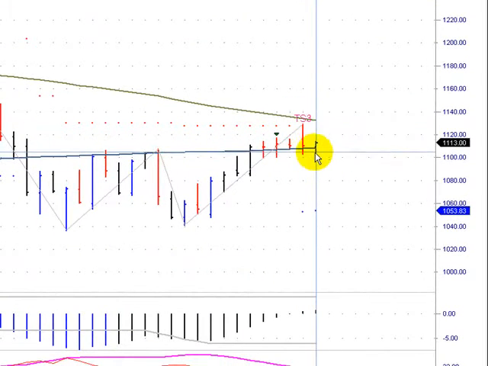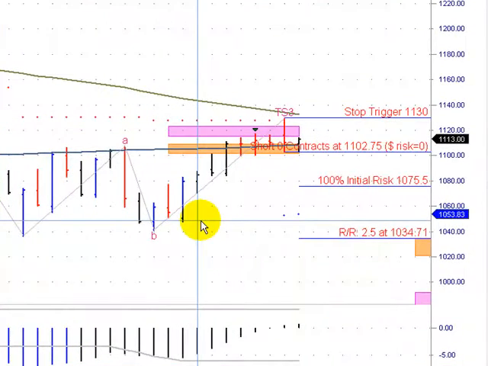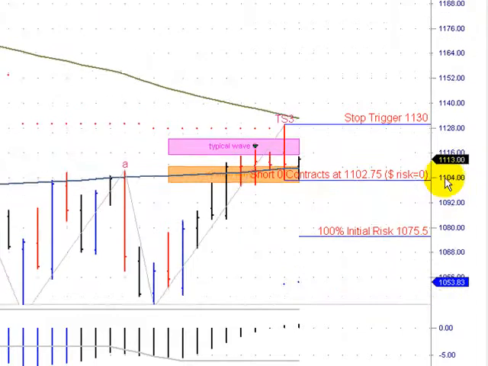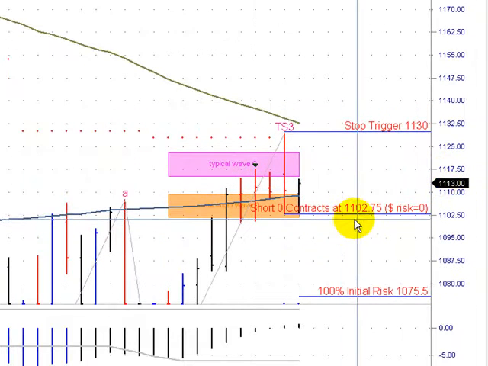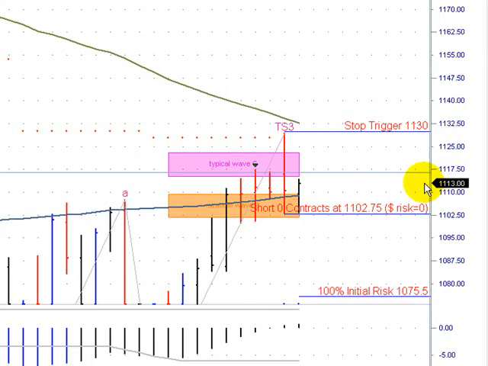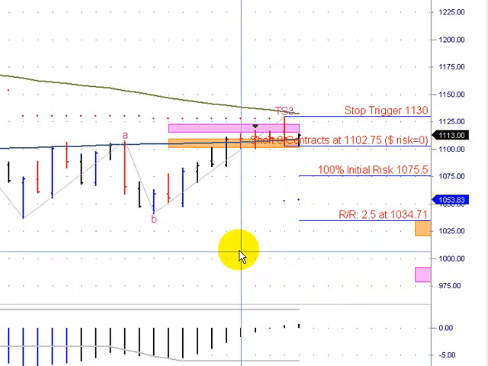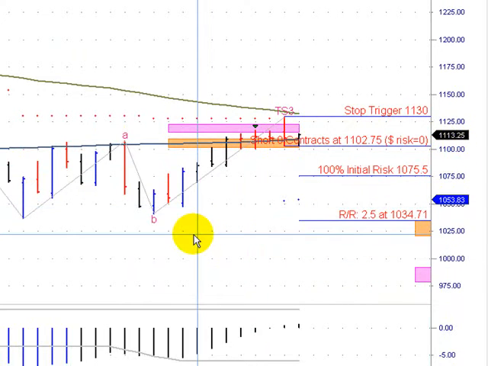This one hasn't entered yet. It wouldn't have you in the trade yet. It's got to come down to 1102.75. We've got a low of 1103.50 so far. So no entry there, but you can see the setup.